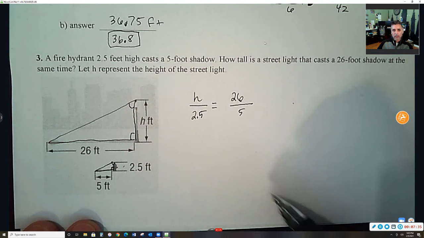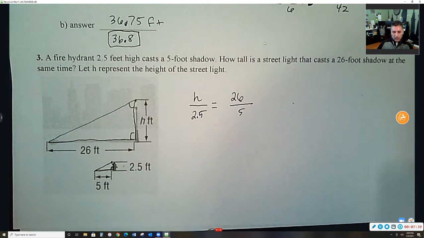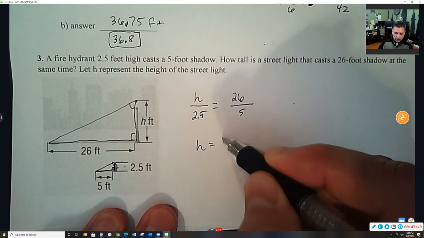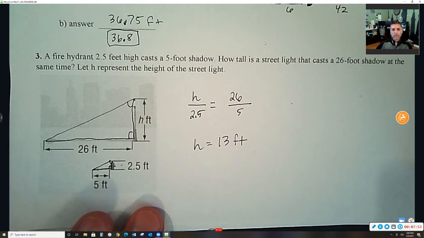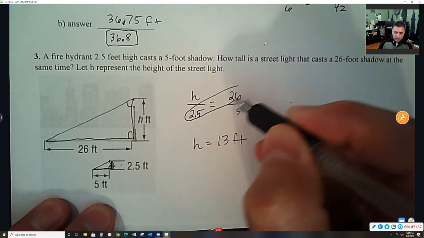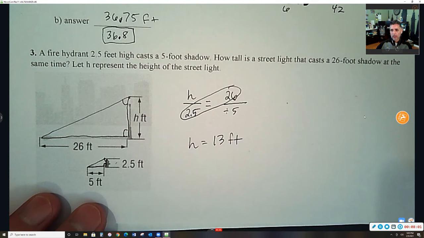And then cross multiply and divide. 26 times 2.5 divided by 5. So we know the street light would be 13 feet tall. Again, I just cross multiplied these two and divide by 5. Let's move on to the next page.